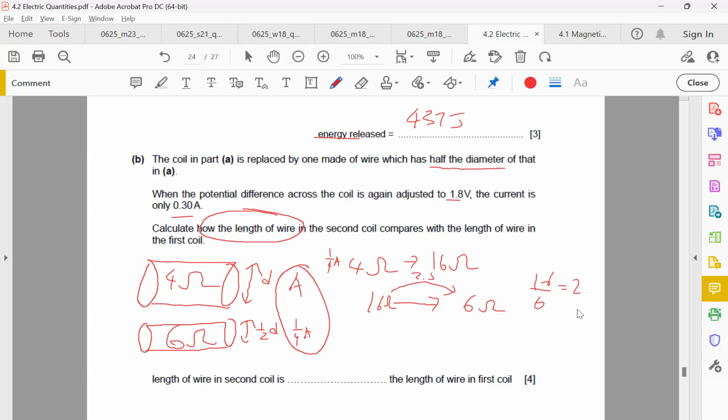No, right? So you should have done instead 6 divided by 16, which will give you 0.375. It means to say here to here was a multiple of 0.375. That's why your answer here is either going to be 0.375 of the first length, or you could even say 37% of the original length.